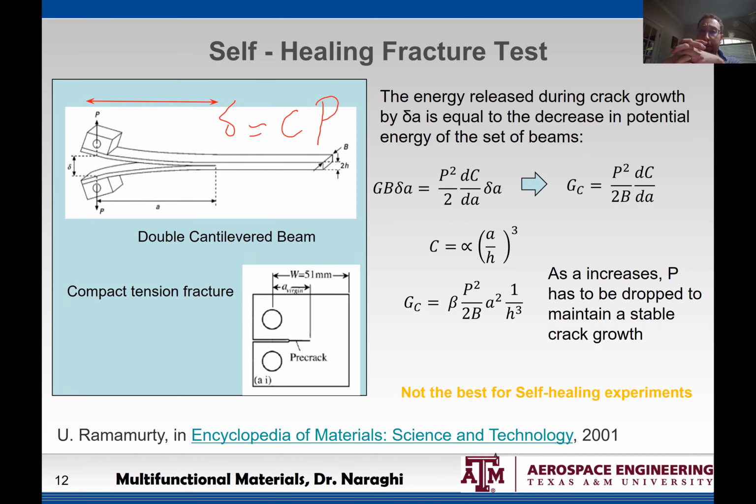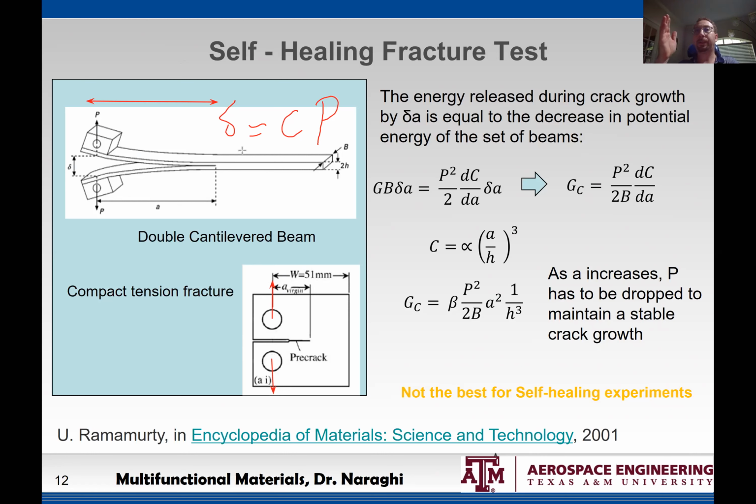A similar geometry is drawn here, in which if you want to do the fracture mechanics experiment, you apply a pair of forces, P and P. At some point when P reaches a critical value, the crack will start growing.